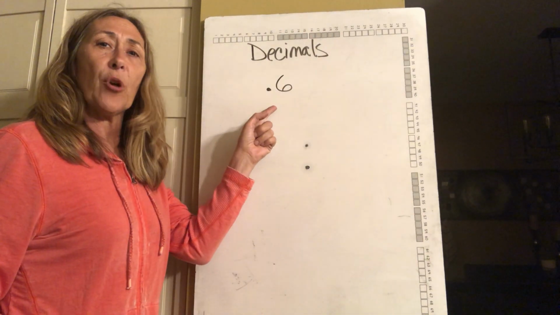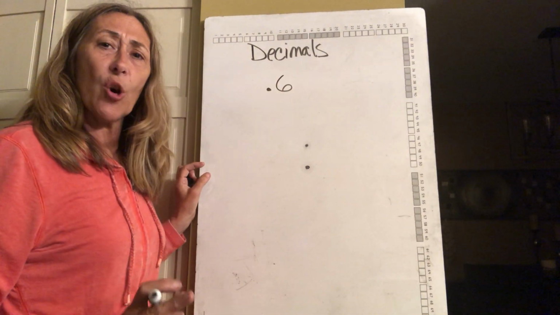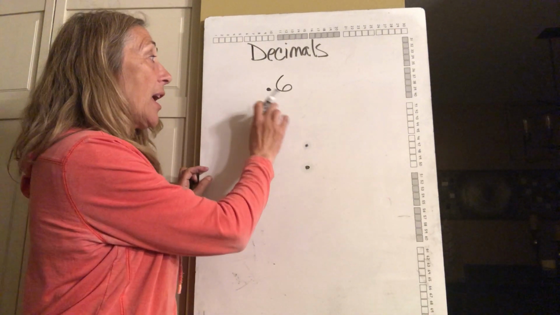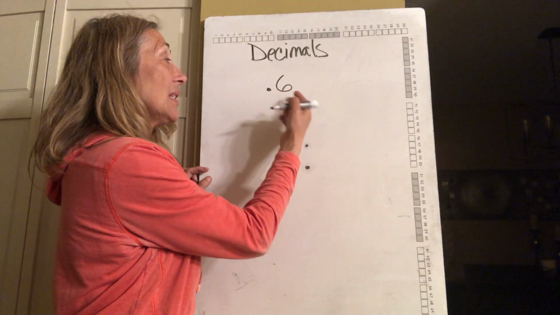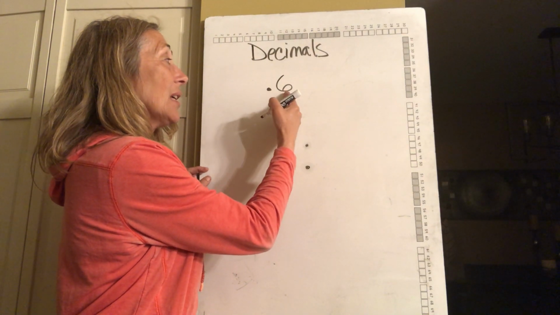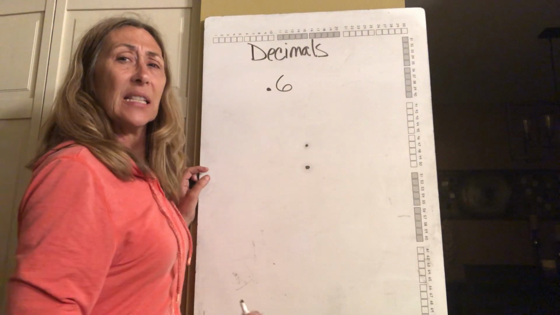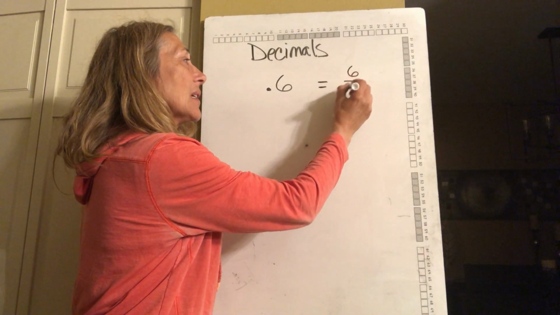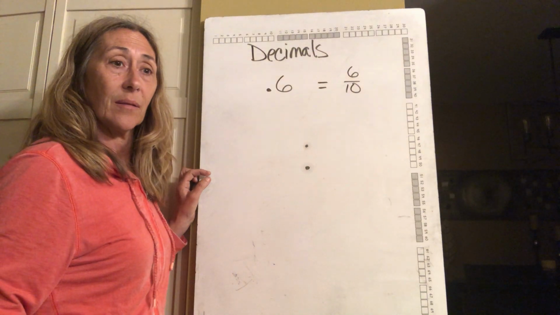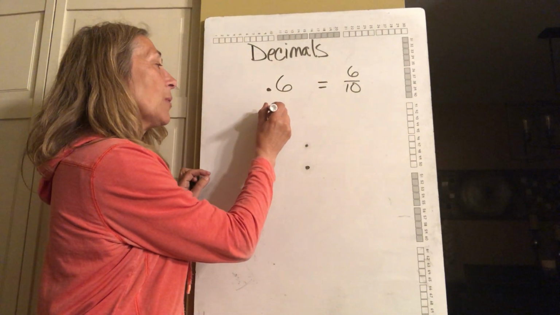I have my decimal point and I have a 6. I have no wholes, but I have 6 tenths. This is a decimal point, and there's my 6, and it's in the tenth spot. So that is 6 tenths. Here's my decimal point.